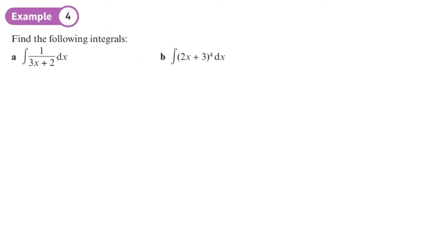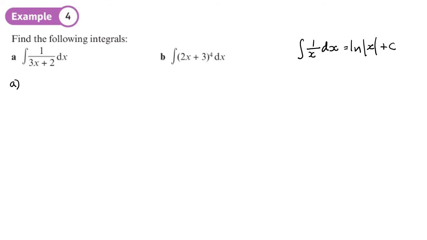Now to do part A, I'm actually going to be considering what happens when I integrate 1 over x. And I'm going to use that to help me, so I'm just going to put it over here because it looks similar to 1 over x, and I know 1 over x is going to give me log x plus c. So why not, let's try log of 3x plus 2.